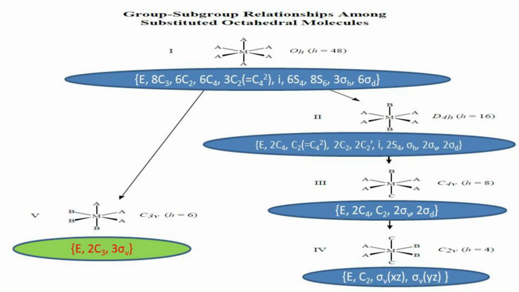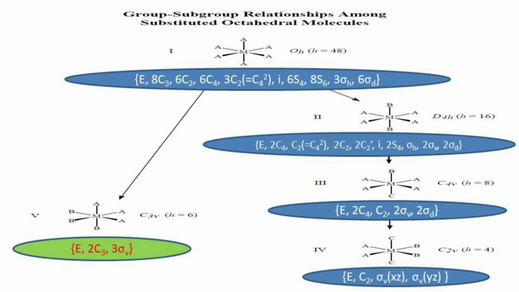Similar reasoning we can put for the relationship between C4v and C3v. In C4v, C3 operations are not there, but they are there in C3v. Therefore, whatever may be the order, structure number 5, that's the C3v point group, cannot be a subgroup of the C4v point group. Similarly, C2v cannot be a subgroup of the C3v point group, because the C2 operations that are there in the C2v point group are not there in the C3v point group.